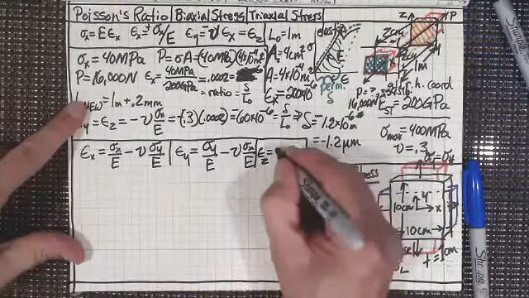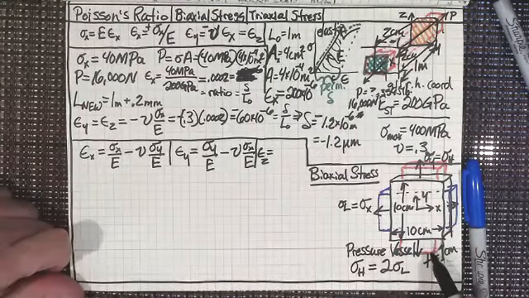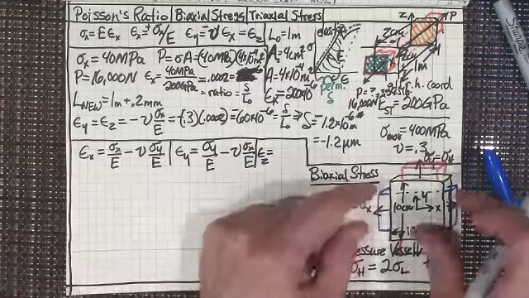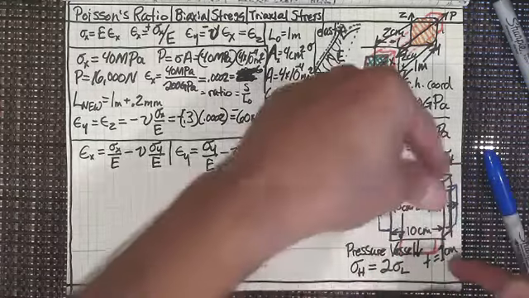So this is going to be minus, isn't it? Because in the z direction, this one is trying to squeeze it in, and this one is trying to squeeze it in.